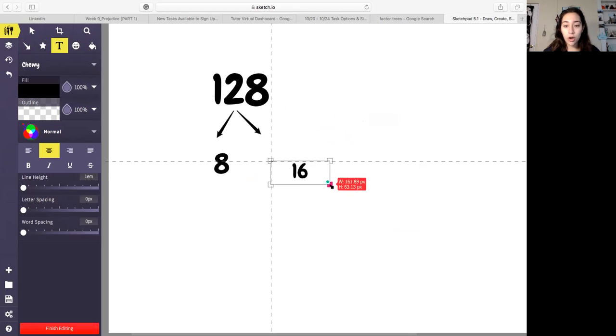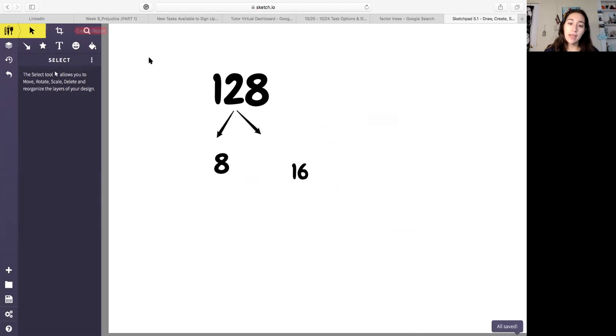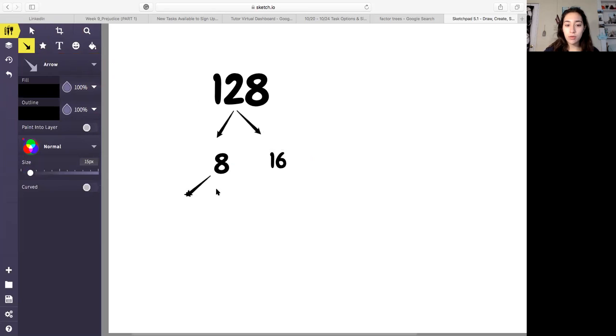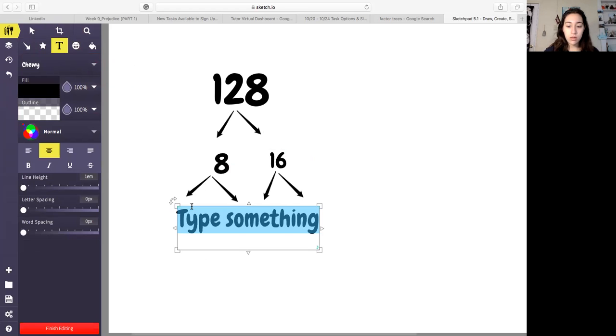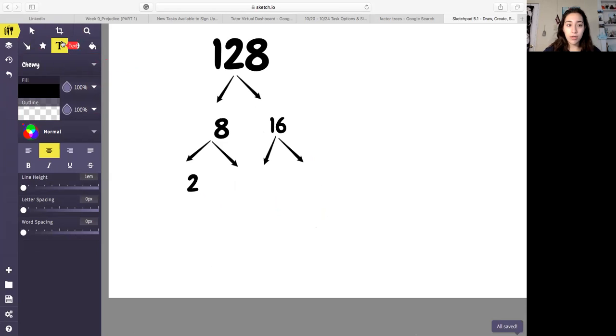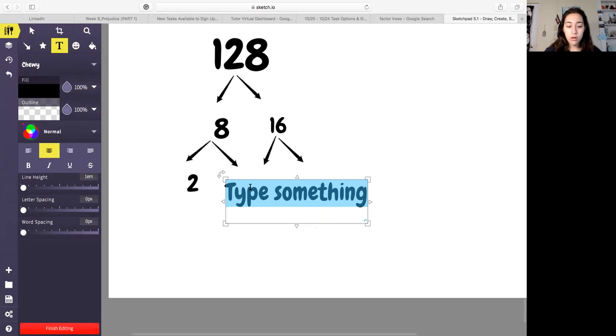So we'll start with 8. The two numbers that I would use to find 8 would be 2 and 4. I'm just going to draw the arrows for both right now. 2 is a prime number, so that one is done, but we have 4.